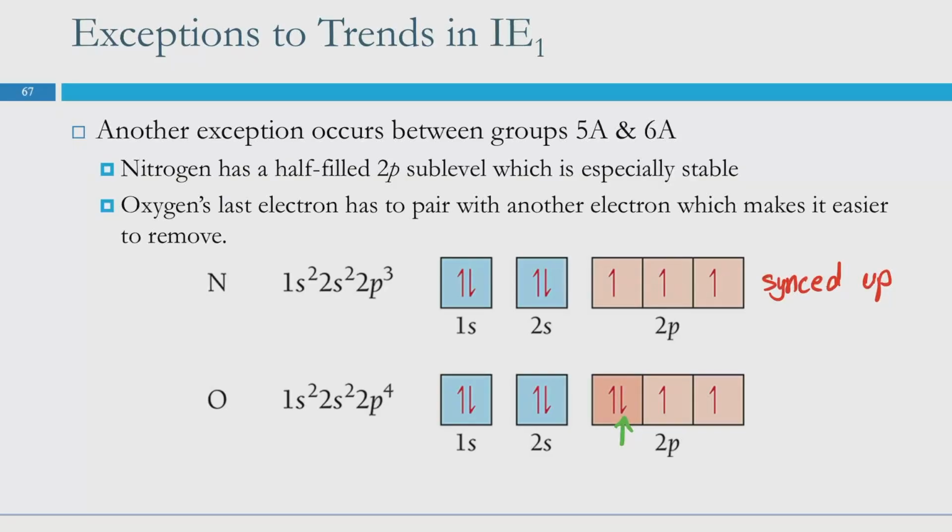If you were on a field trip, going to a conference or something, and all your rooms have 3 beds in them, and you've got one room where there's 1 person in each bed, and you've got one room where there's 2 people in one bed and 2 empty beds, and you said, hey, we've got an empty bed somewhere else, and you tried to get somebody to leave from either of these 2 rooms, chances are it's this down spin electron that would be the first one to go.